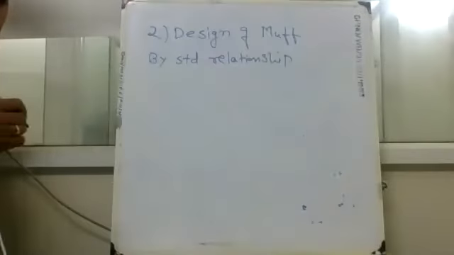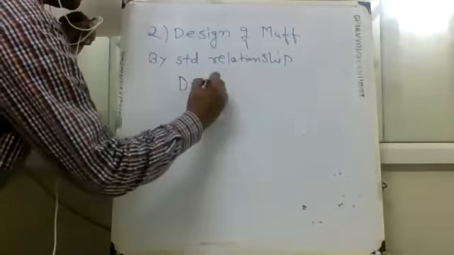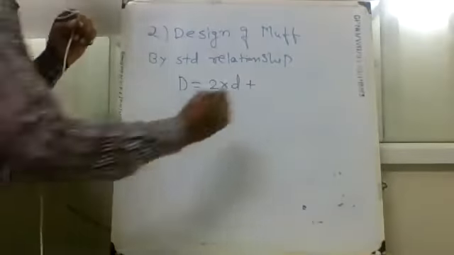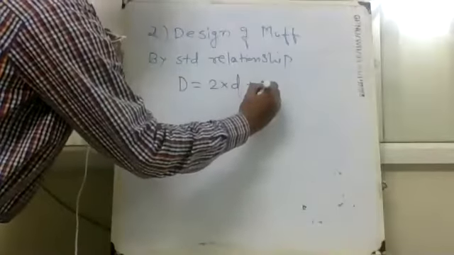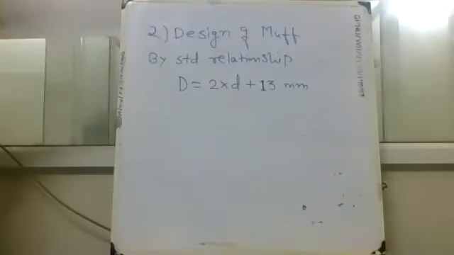generally we consider the outside diameter of the muff as twice D plus 13 in mm. So this is the standard dimension generally considered for the outside diameter of the muff.